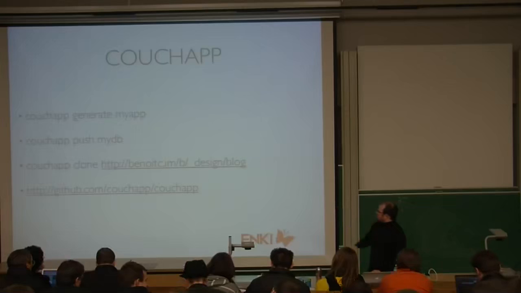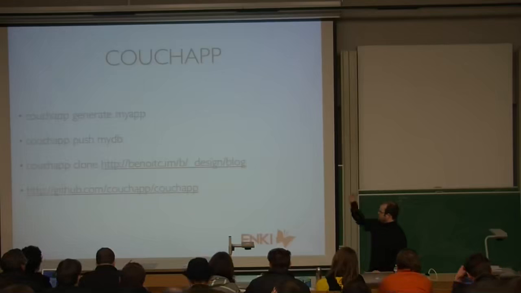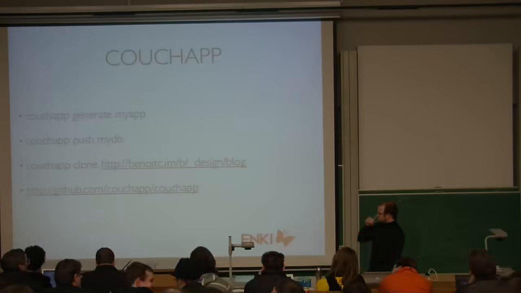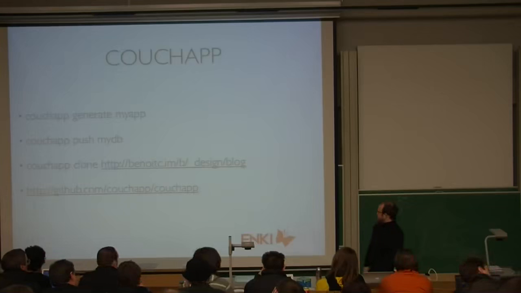And it will be available on CouchDB instantly. And if you want to replicate a remote CouchApp, it's possible too, thanks to the clone command. The script is available on GitHub, and everyone can use it, or recreate it in your own language to create CouchApps or even design docs.